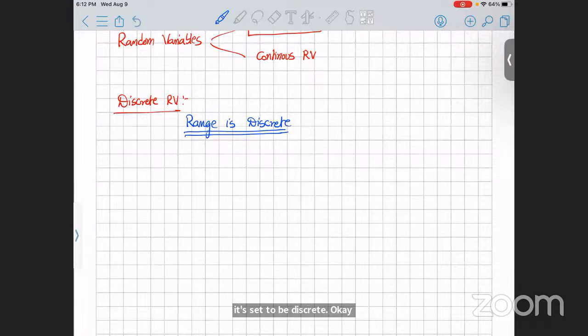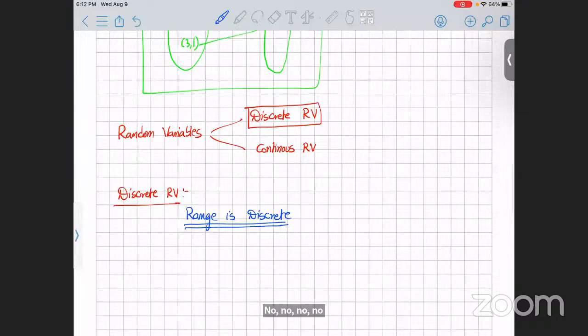If the domain is not discrete, can we call that a discrete variable? No. Look, the domain is the sample space. You can't decide whether the sample space is discrete or continuous, so we always go to the range.